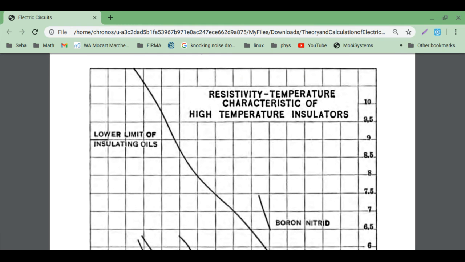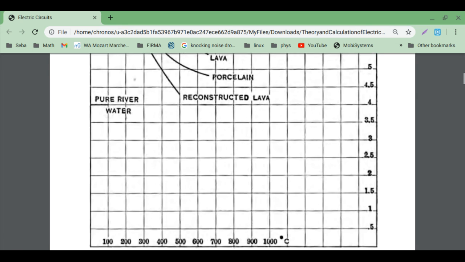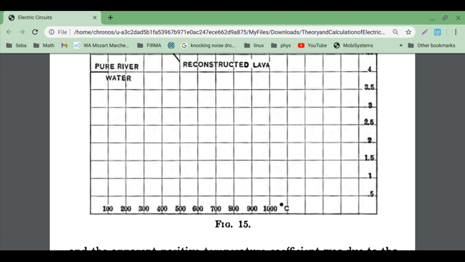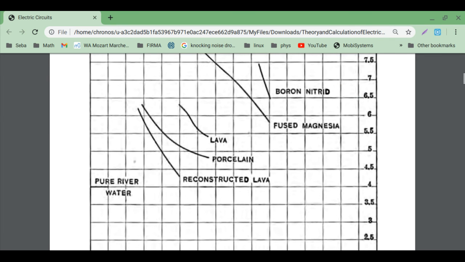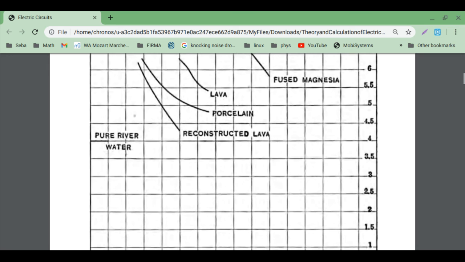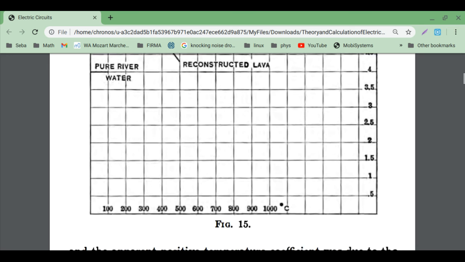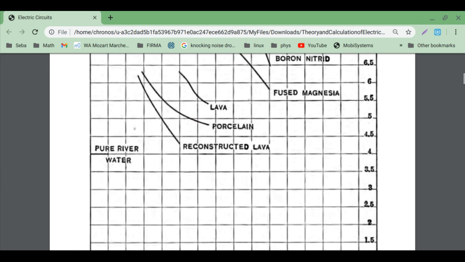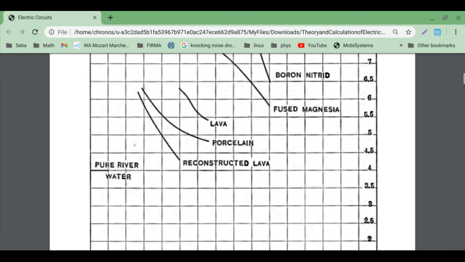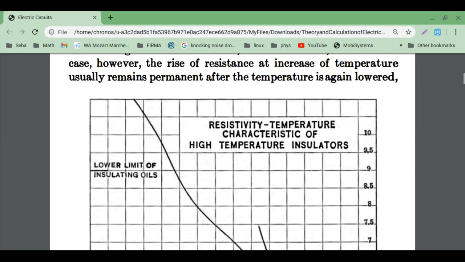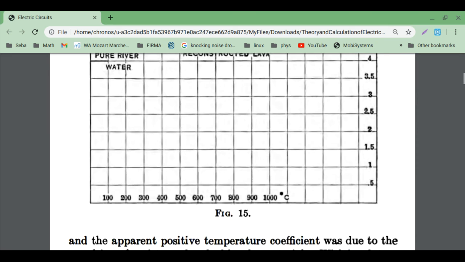Resistivity temperature characteristic of high temperature insulators. So horizontal is the temperature up to 1,000 degrees. Pure river water, up to 100 degrees, obviously, is 4, I think, ohms centimeter.